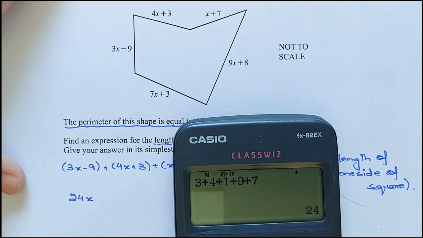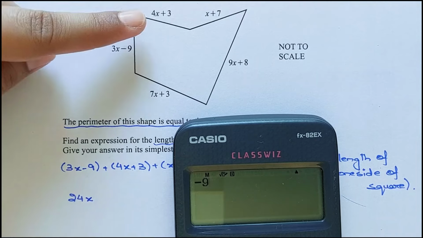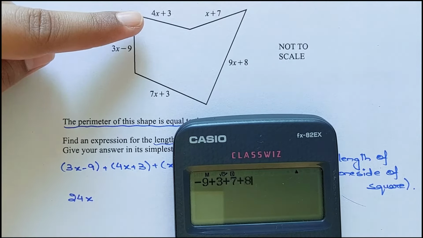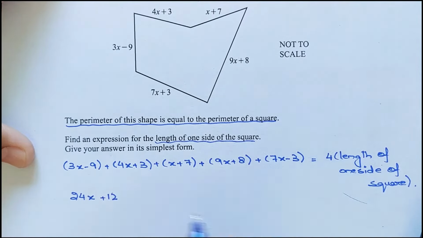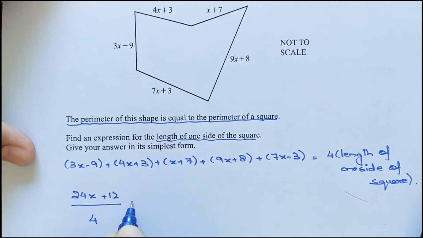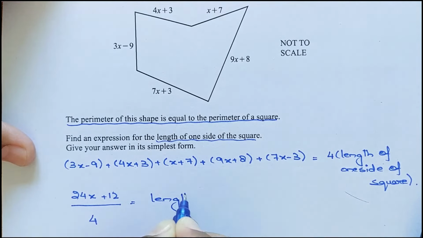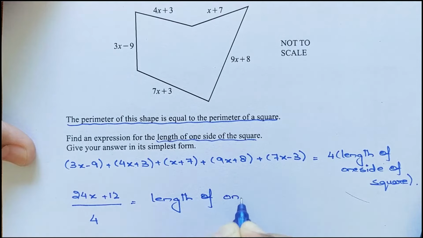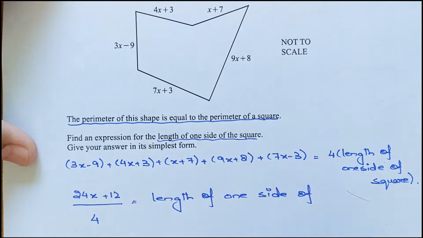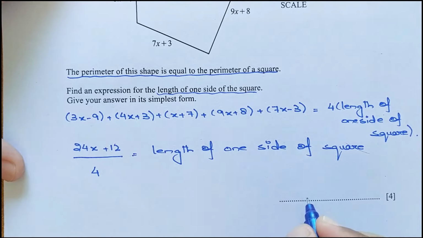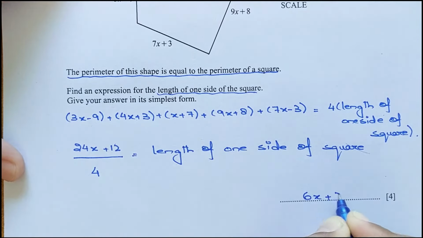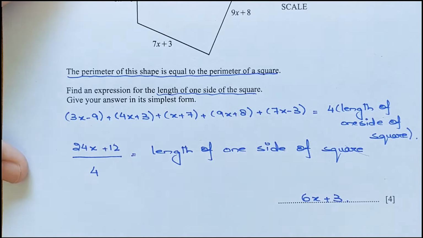And then let me simplify the constants. Constants are minus 9 plus 3 plus 7 plus 8 minus 3. So plus 12. And you have to divide by 4 on both sides. Divided by 4, this is equal to the length of one side of the square. So 24 divided by 4 is 6 and 12 divided by 4 is 3. So 6x plus 3 is the expression for the length of one side of a square.